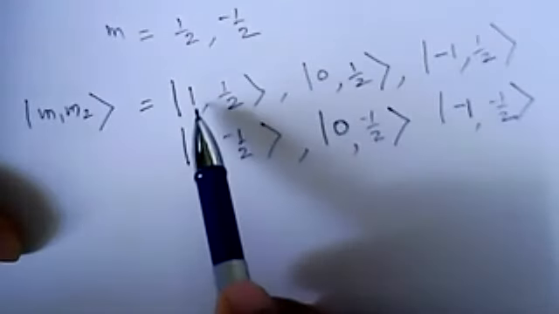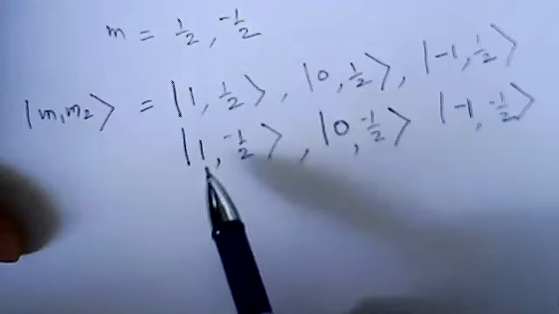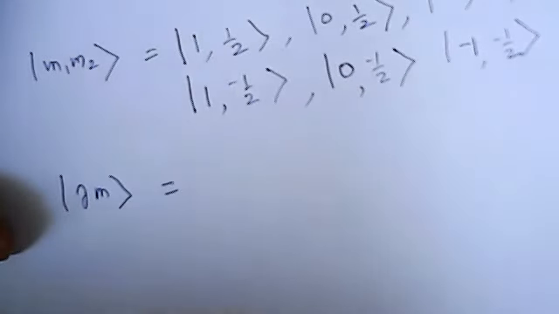These are the 6 states: 1 half, 0 half, minus 1 half, 1 minus half, 0 minus half, minus 1 minus half. So what are the corresponding Jm values? Get the Jm. Here also J1, J2 is there. We are neglecting that.